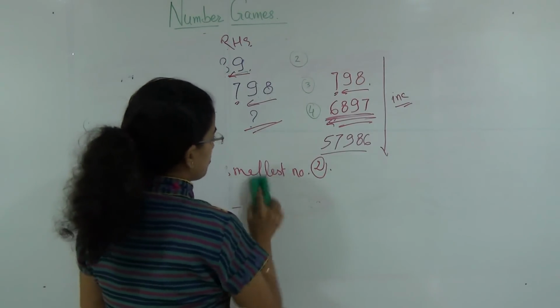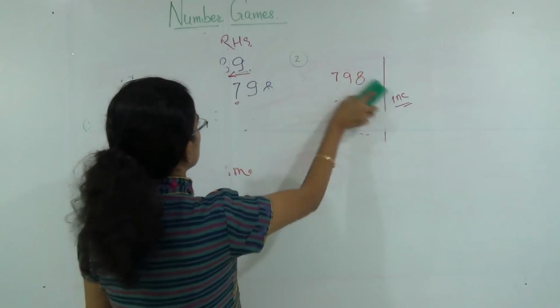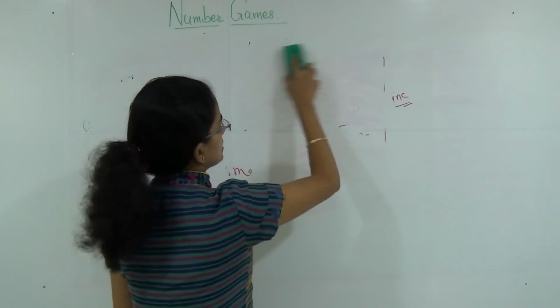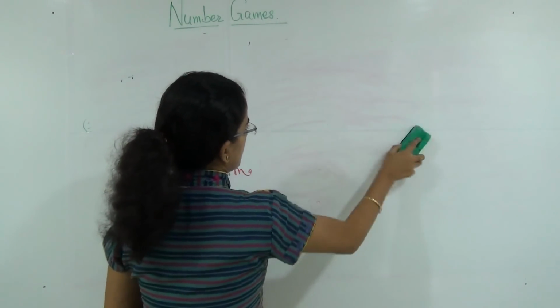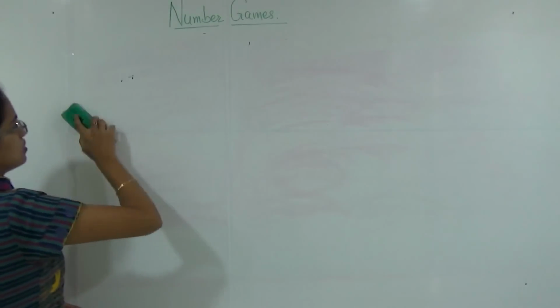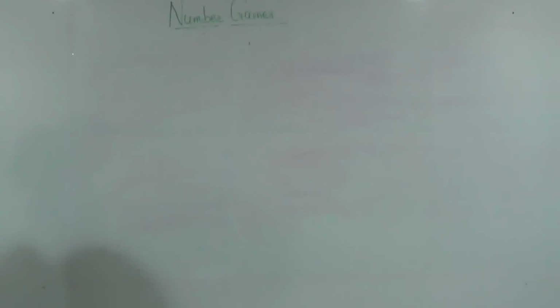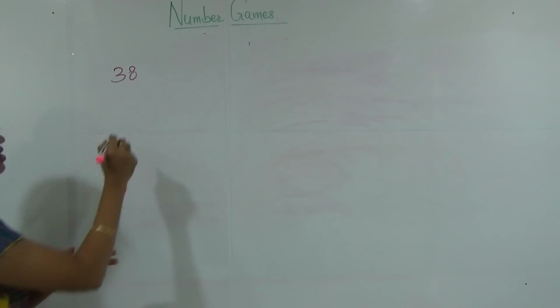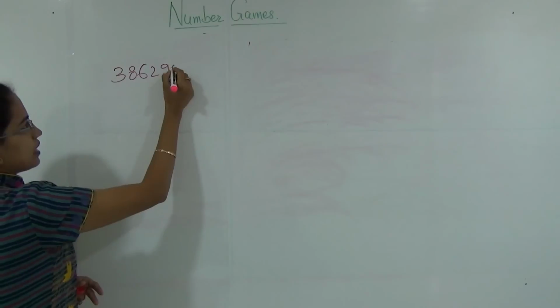Now let's do a few more examples that would help you understand the various varieties of questions that are asked on number series. So let me do the next question here. In the next question, I have the first number, that is 386295.